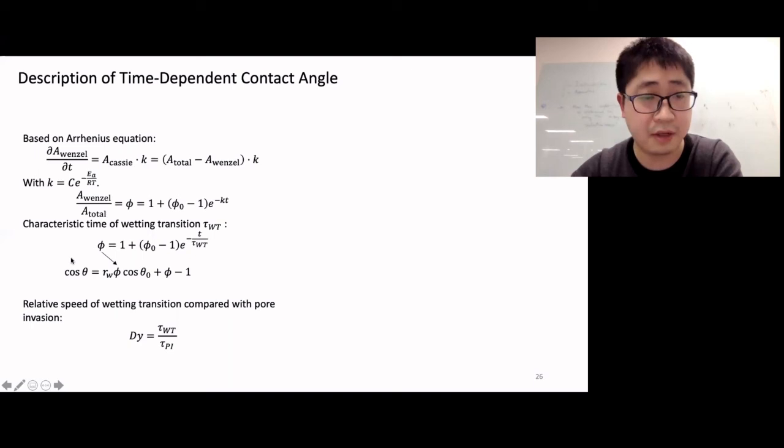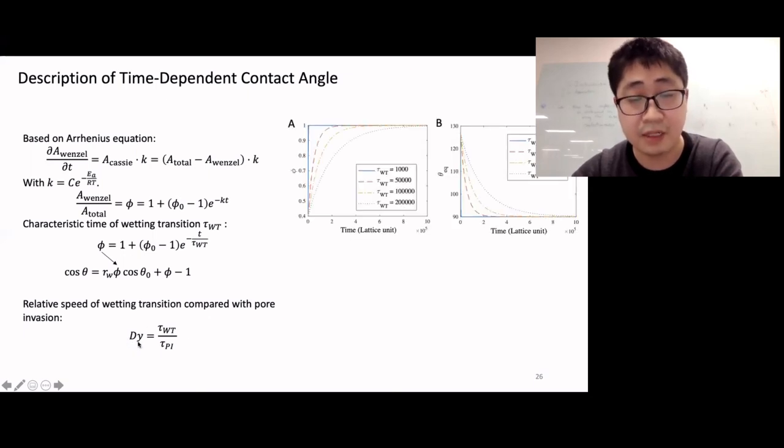Based on theory, I'll just quickly say the idea is that you want a theory describing the amount of solid-liquid contact area. Then you can plug it into the modified Cassie equation so that you can calculate the evolution of apparent contact angle as a function of time. And then we can express the relative speed of wetting transition compared with local pore invasion in the multiphase displacement process by this dimensionless number.